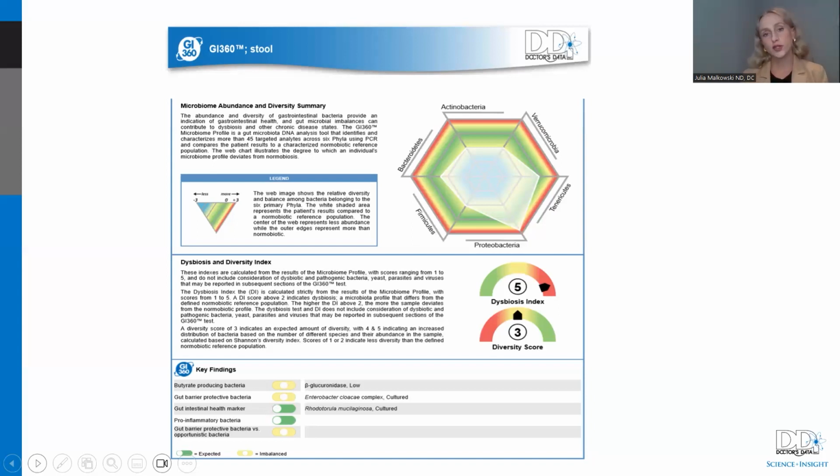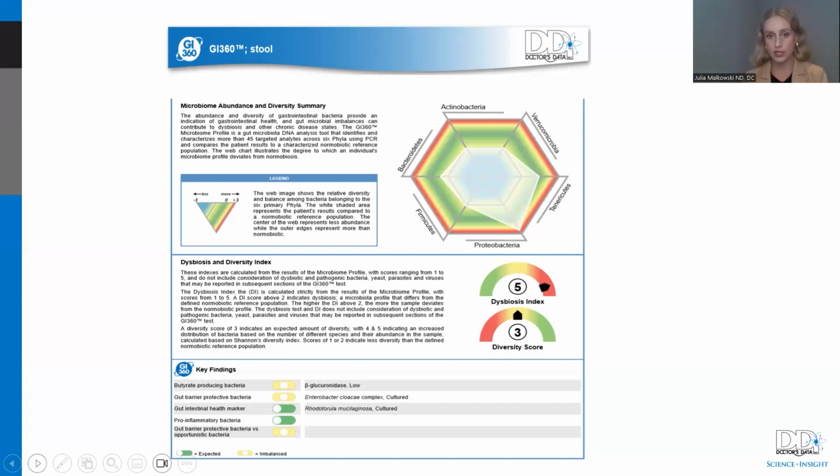The next functional guild we have is going to be the gut barrier protective bacteria. We know that the human colon is very important because it's where the external environment meets the internal environment, human physiology, and the gut barrier is really integral to that entire process. There are specific bacteria that really contribute to keeping a healthy mucosal barrier integrity.